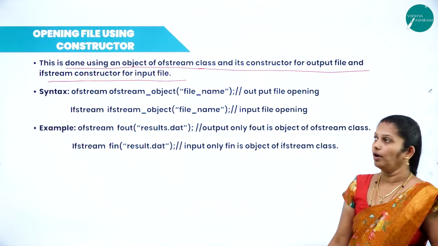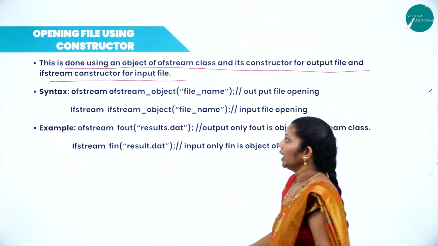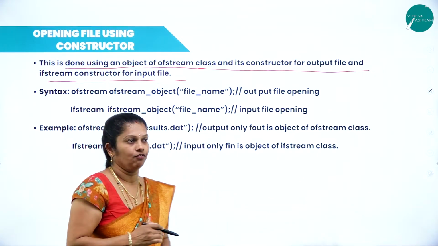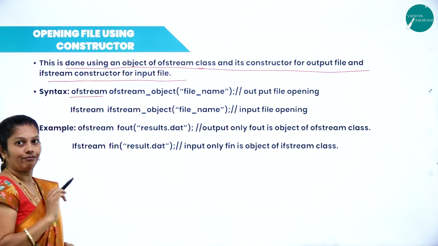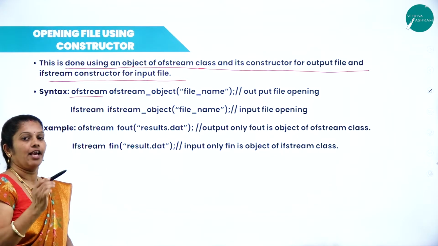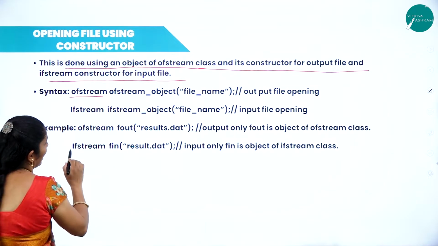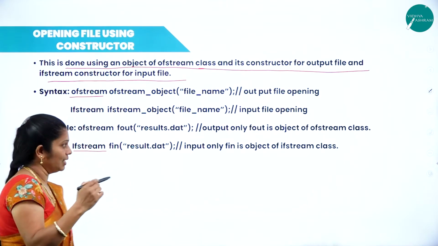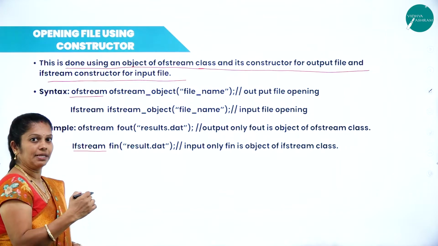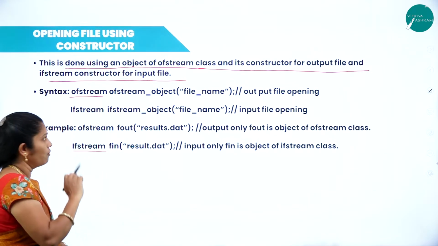If I want to open a file by using the constructor method, first compulsorily we have to write ofstream when you are opening the file for output purpose. If you are opening the file for input purpose, then you have to write ifstream. Input purpose, ifstream. Output purpose, ofstream.